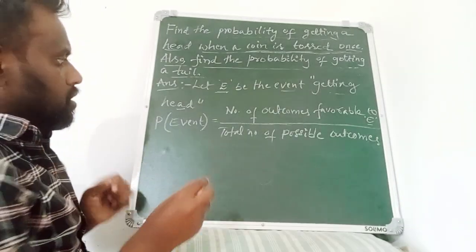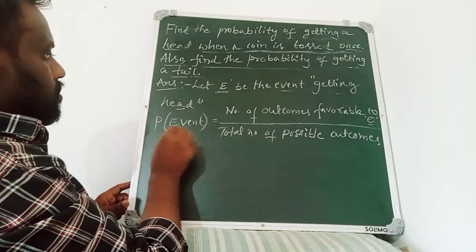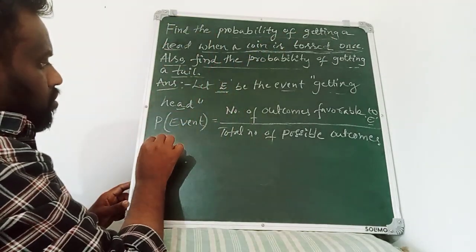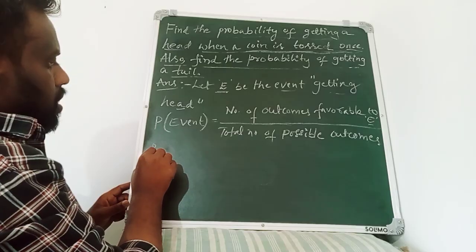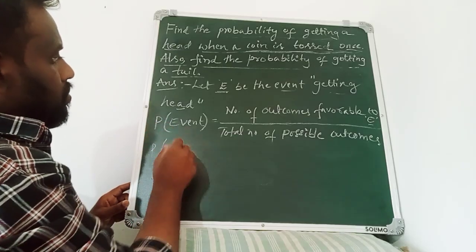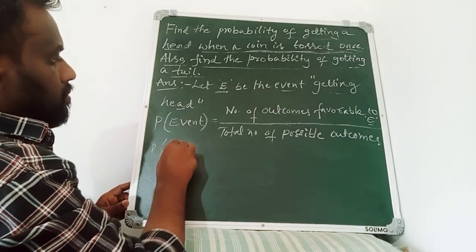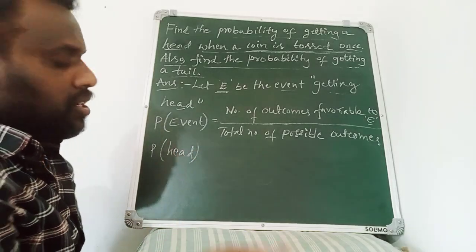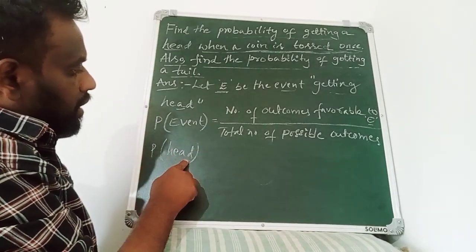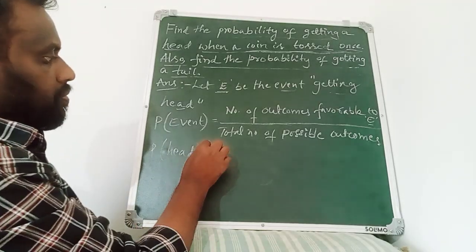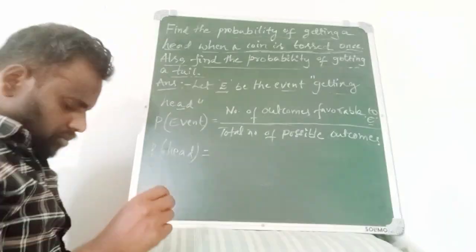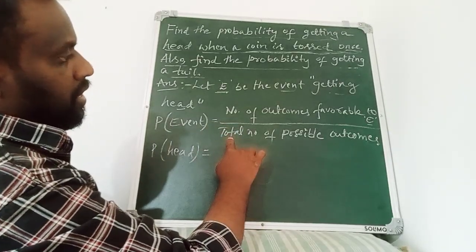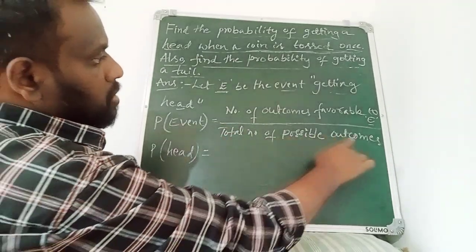First we want the probability of getting head, right? So according to this formula, in place of event I will write head, because we want the probability of getting head. You can write getting head or just head, no problem. So P of head equals. Now consider the denominator, the total number of possible outcomes.